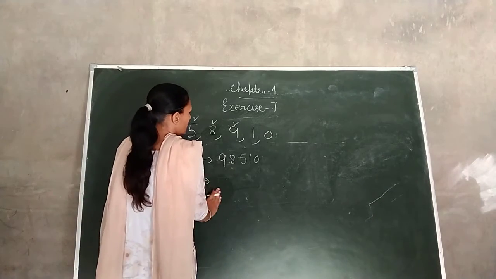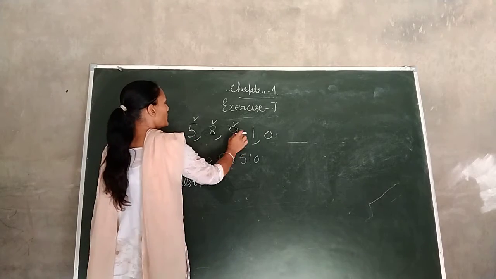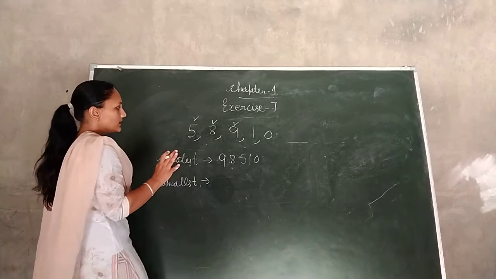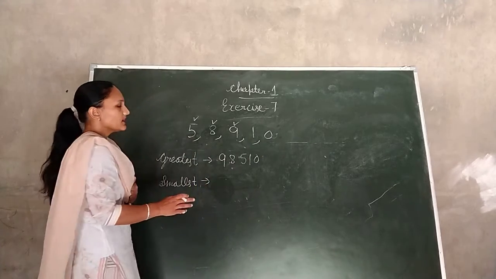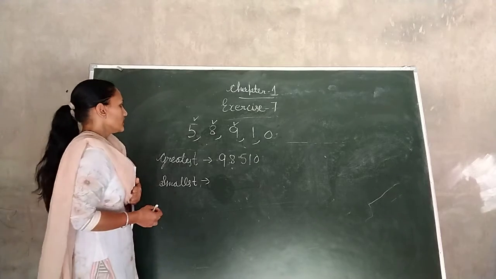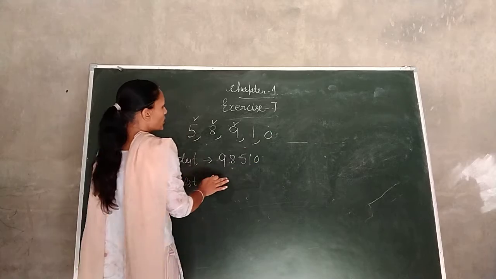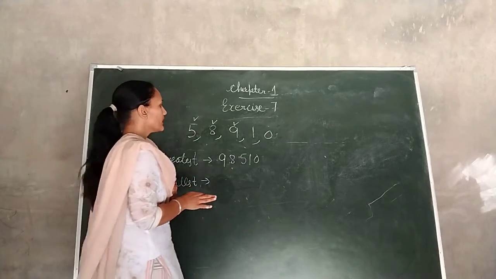Or we will find the smallest number among the other digits, write that first, and after that insert 0 as the second digit.